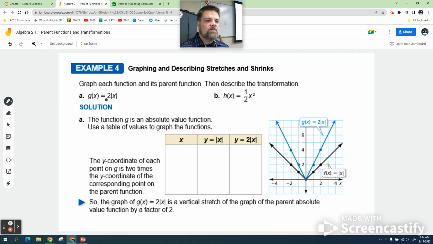So this is the same thing. So now this is stretches and shrinks. A not only can flip things, but it can stretch it. If A is greater than 1, then it stretches vertically.